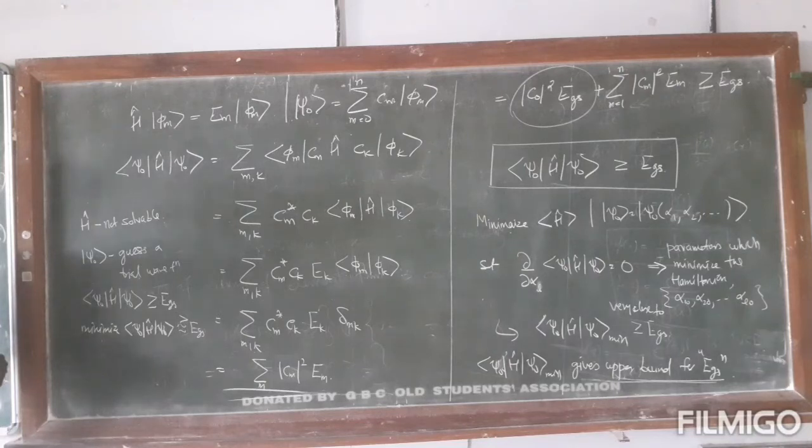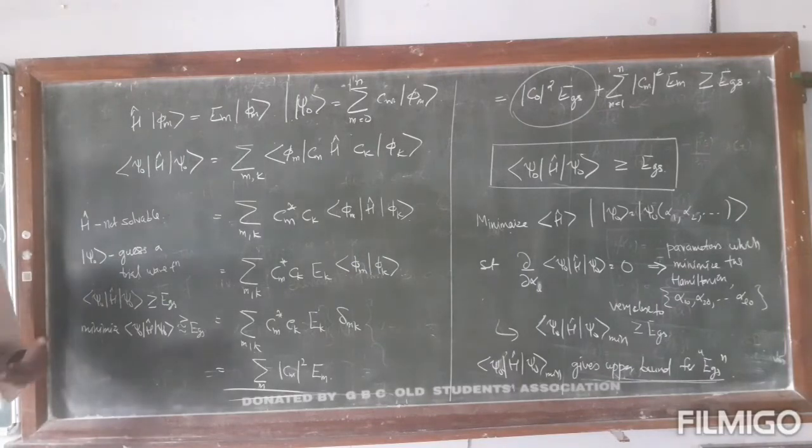Okay. So that is why we say that from the variation method we can get the upper limit of the ground state energy. Now the next question is, is it possible to apply the same method to find the higher energy states? That is also possible. You can find the first excited state energy, the second excited state energy, and so on. So how will we do that?